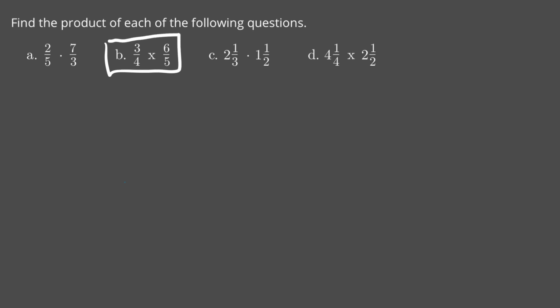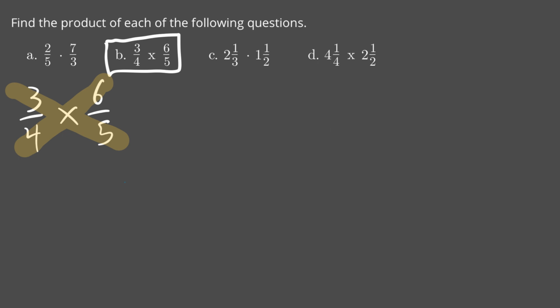Now on to part B. In this problem, we have 3 over 4 times 6 over 5. With this one, the first step is again, we look across the diagonals to 3 and 5, 6 and 4, and we try and find any common factors. 3 and 5 do not share any factors, so we will leave those alone.